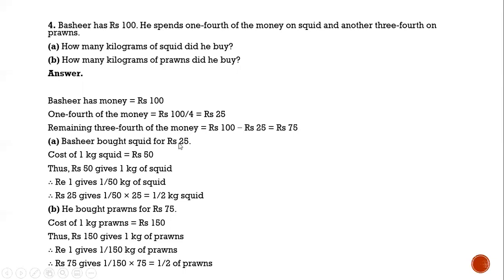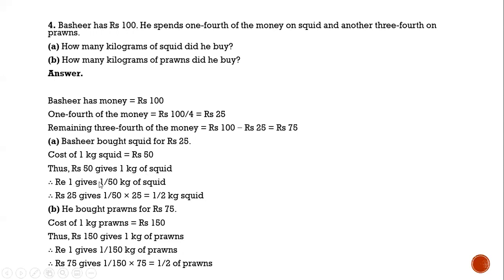So he is spending 25 rupees on squid, but the cost price of 1 kg squid is rupees 50. He spent only rupees 25, so definitely he has not bought 1 kg of squid. What we'll do, we'll use the unitary method. Rupees 50 gives 1 kg of squid.